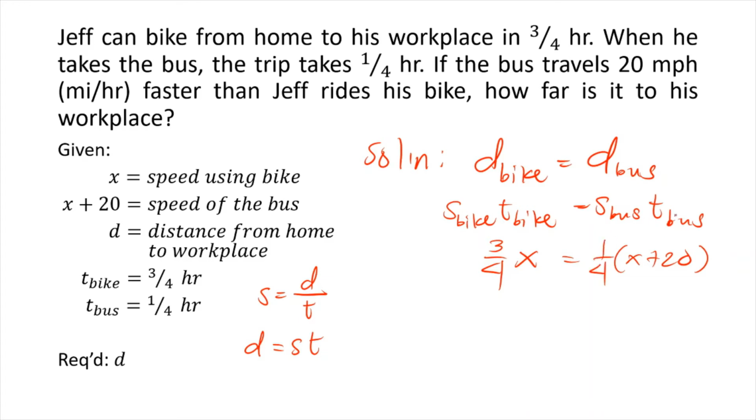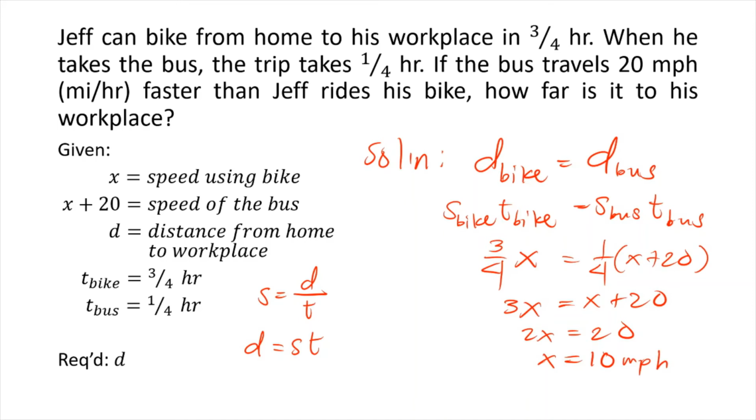We can multiply both sides by 4, so we can eliminate the fraction. So we get 3x equal to x plus 20. 3x minus x, we get 2x equal to 20. Divide both sides by 2, so we get 10 miles per hour. This is his speed if he rides his bike.